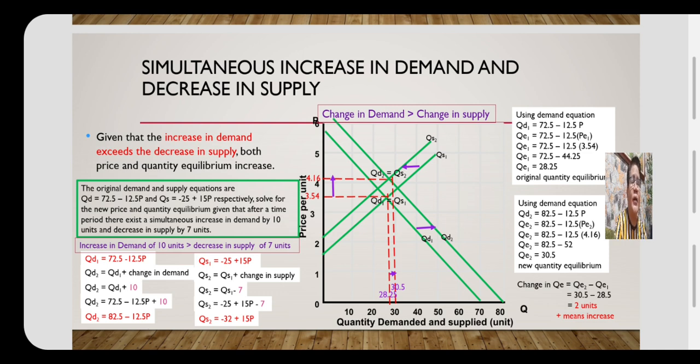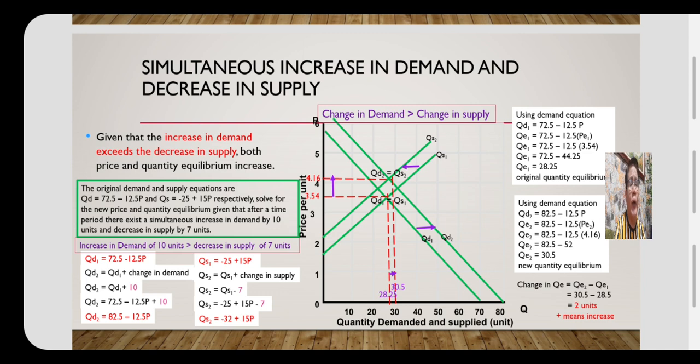So that is 82.5 minus 12.5P can now be used. And if the new price equilibrium is substituted to the P of that equation, then we can simplify our quantity equilibrium as 82.5 minus 52. And therefore, the difference of 30.5 is the value of the new quantity equilibrium.